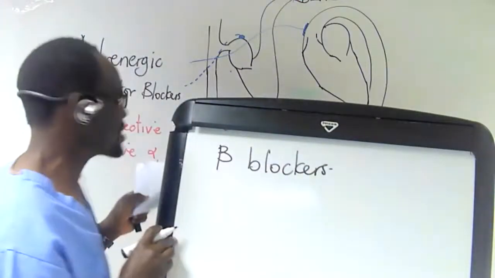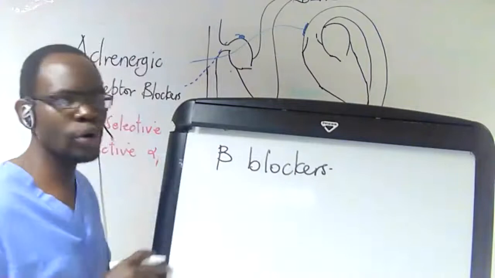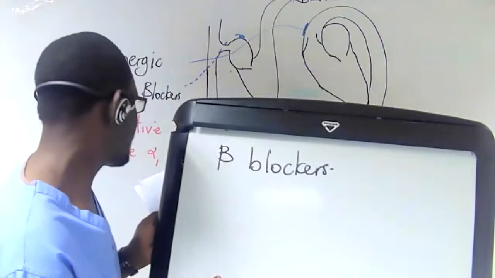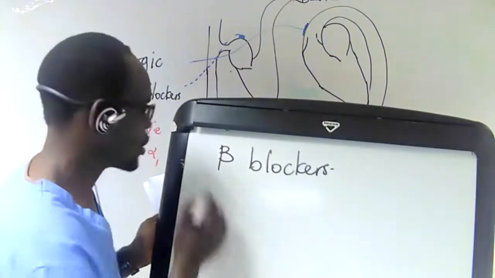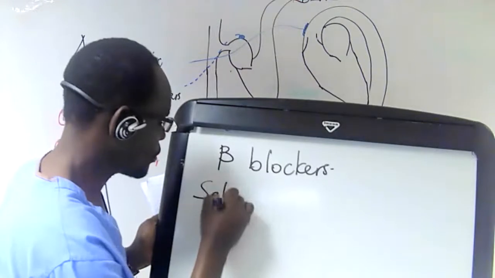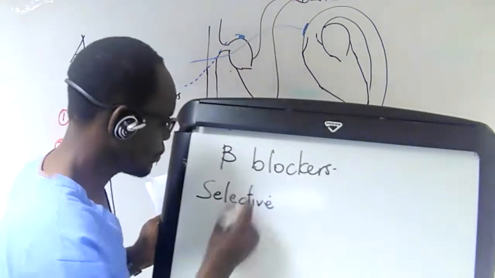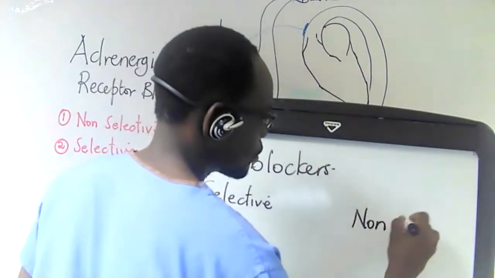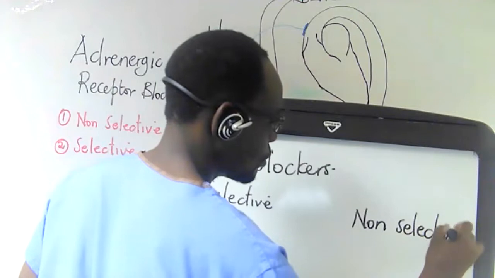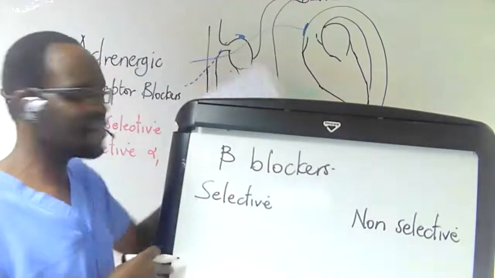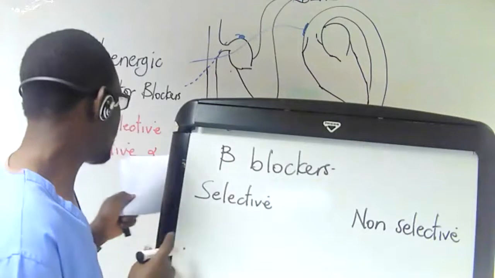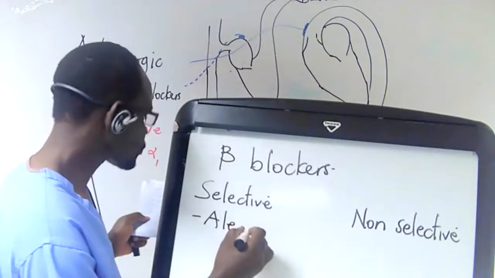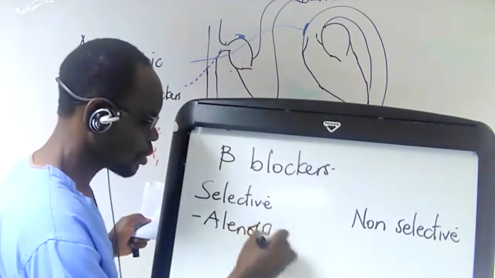Now beta blockers can also be divided into selective beta blockers and non-selective beta blockers. Examples of selective are atenolol.